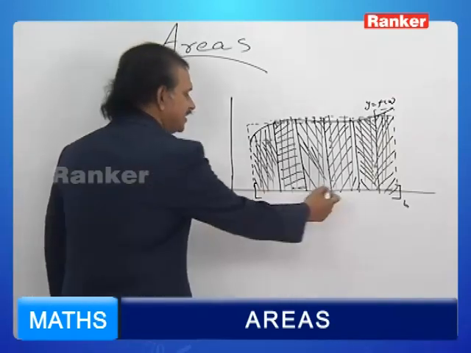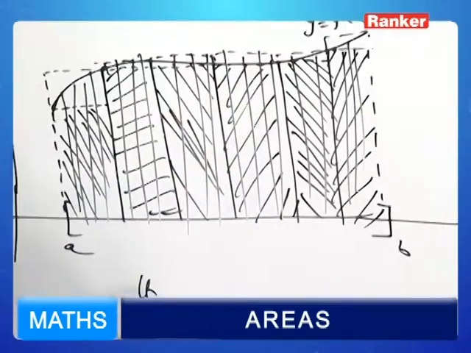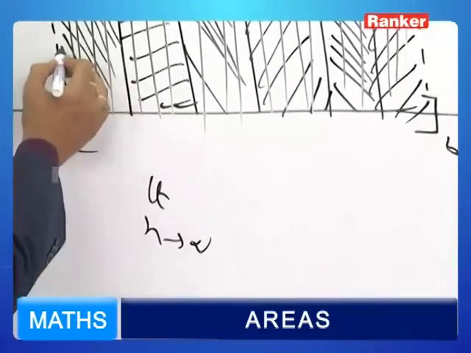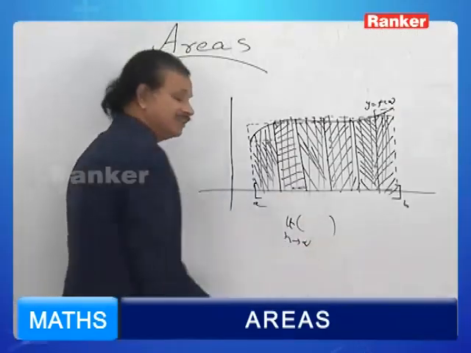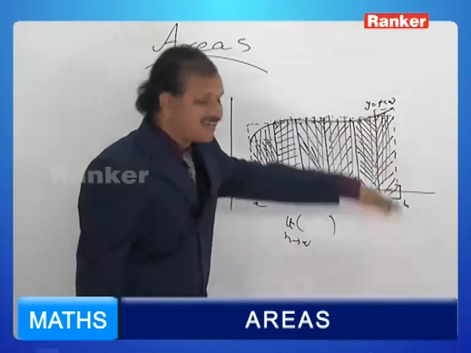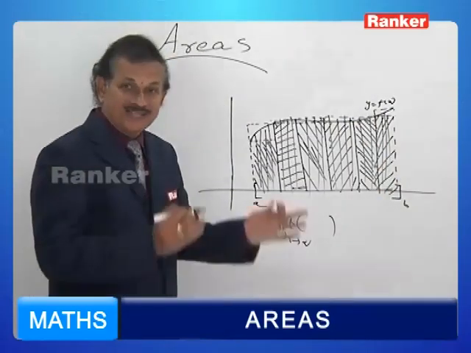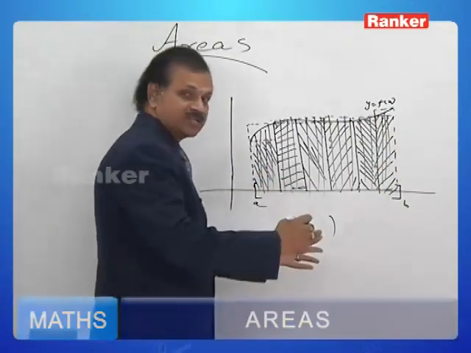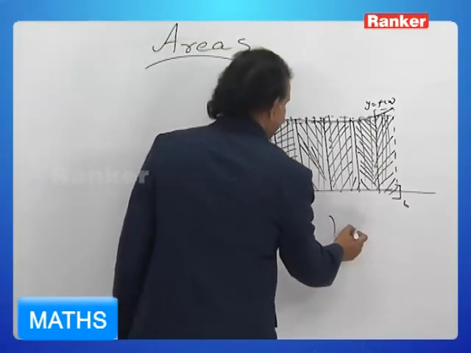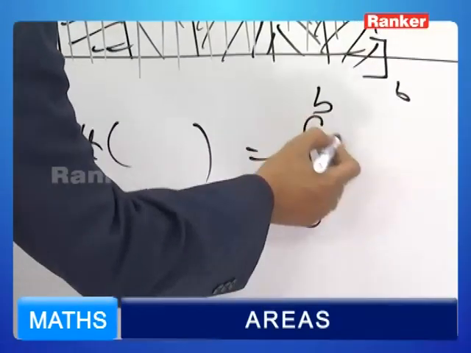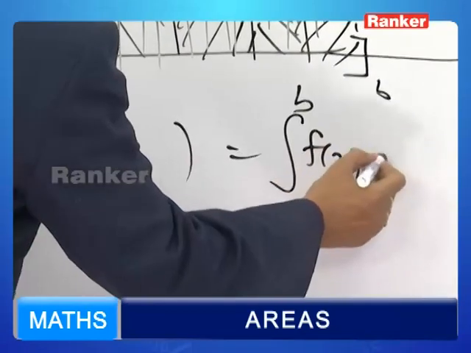So, if n is the number of parts, then the limit as n tends to infinity of the areas of these rectangles gives the area under the curve. With that concept, it has been defined that it is nothing but the integral a to b f of x dx.